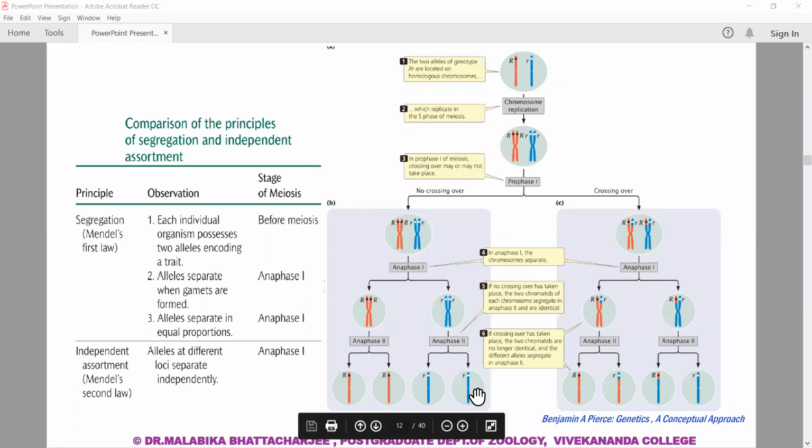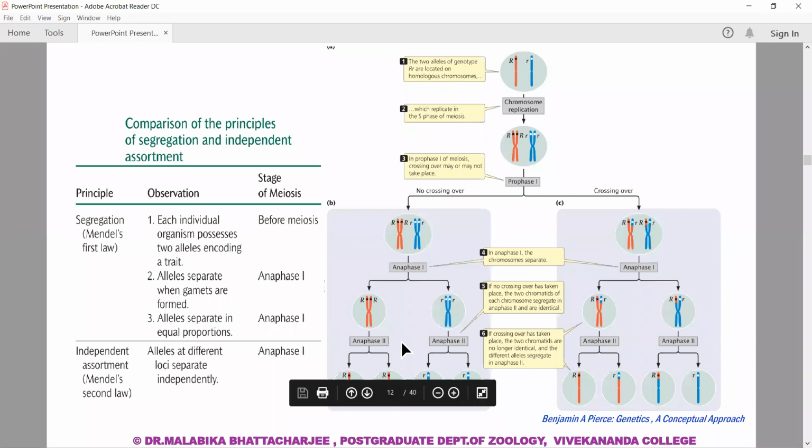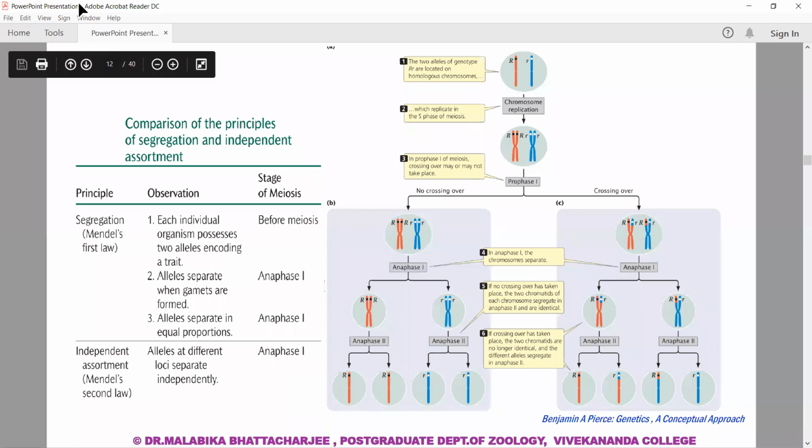So each gamete now bears one allele, either a capital R allele or a small r allele. This is the scenario when there is no recombination.